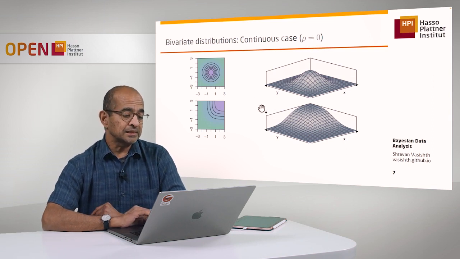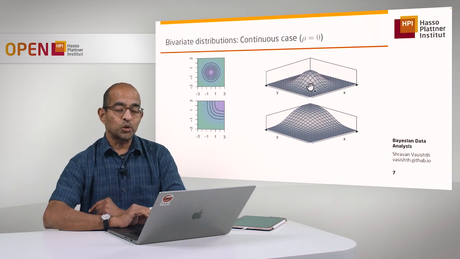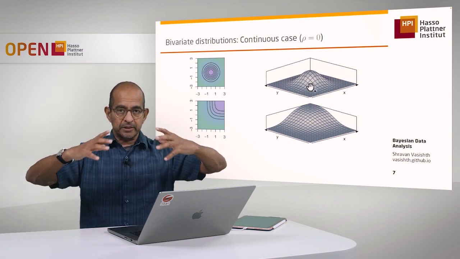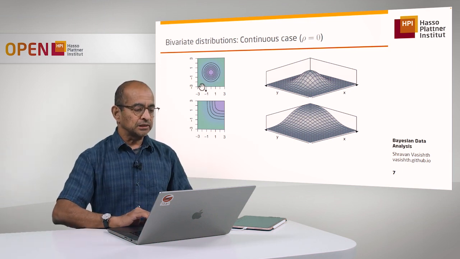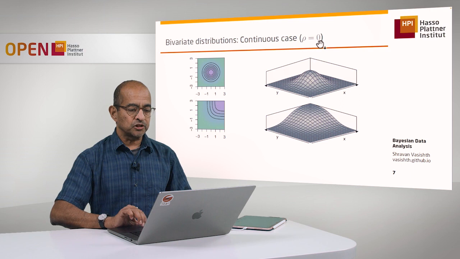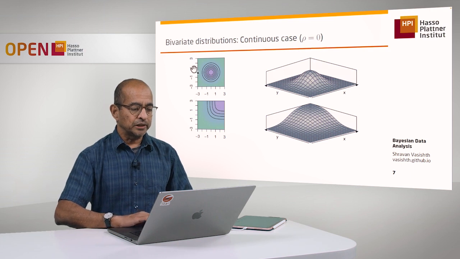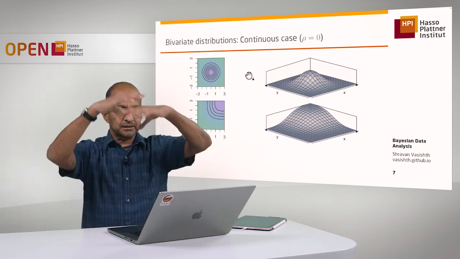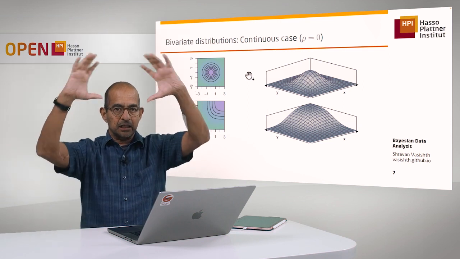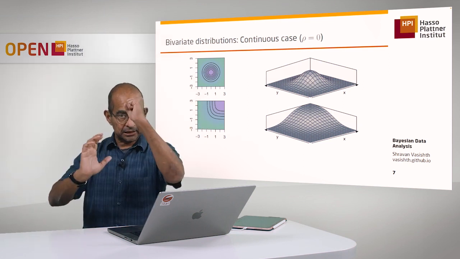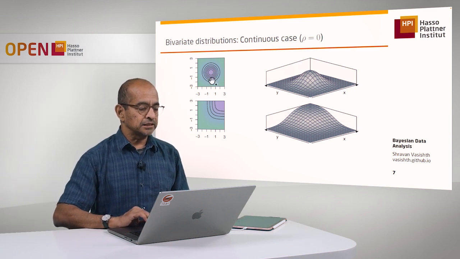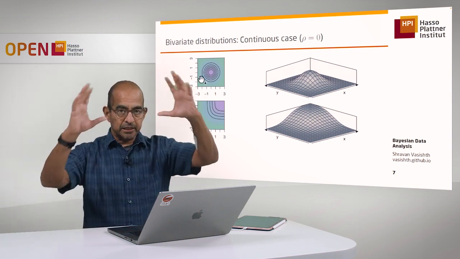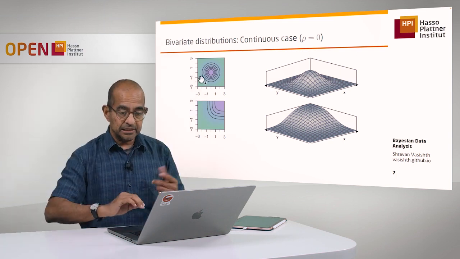What that means is that this cone is going to be perfectly symmetrical, because there's absolutely no relationship between x and y. When correlation is 0, you will see this characteristic spreading around of the data points around the means of the two random variables. In this case, the mean is 0 and 0 here. So you see a consistent spreading around of data, and there is no correlation here.